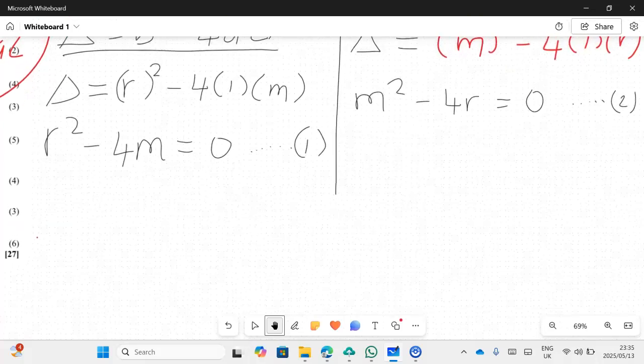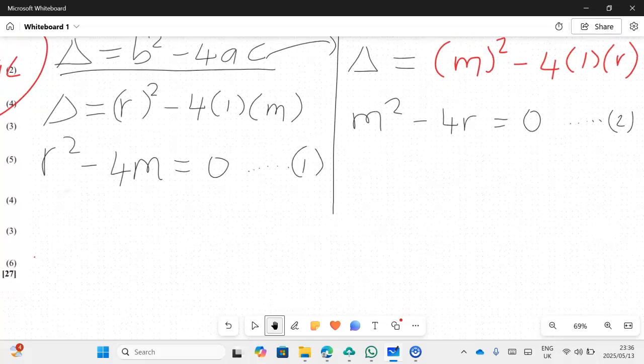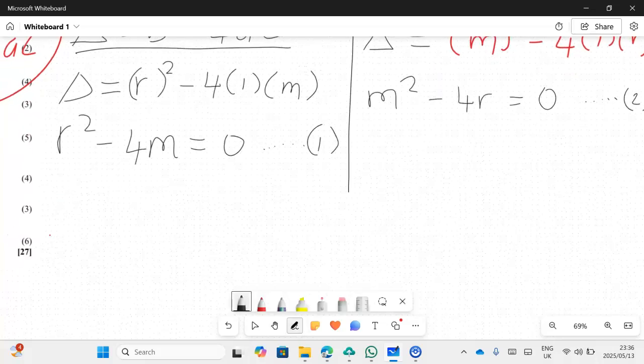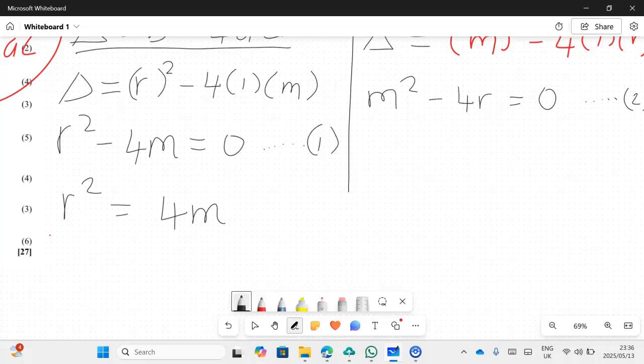So it's up to us. Let's make m the subject of the formula. If you make m the subject of the formula, this is equation number 1. We will have r squared equals 4m, and we divide both sides by 4. Our m is actually going to give us r squared over 4.